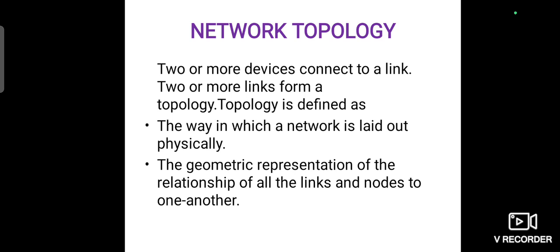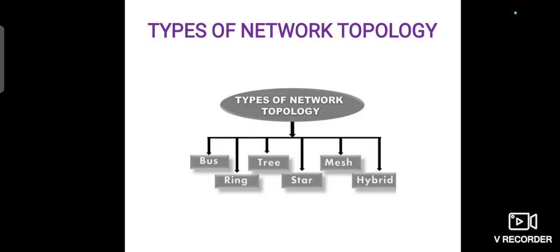These are the types of network topologies. The most important types are bus topology, ring topology, tree topology, star topology, mesh topology, hybrid topology, and point to point topology. We'll see one by one.